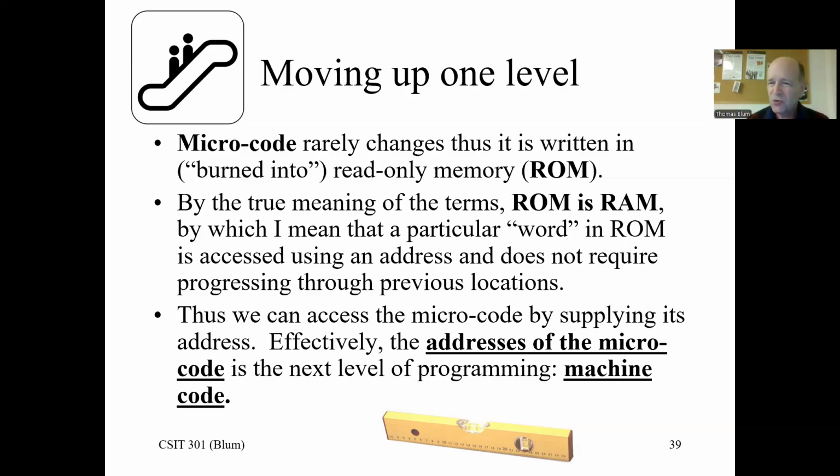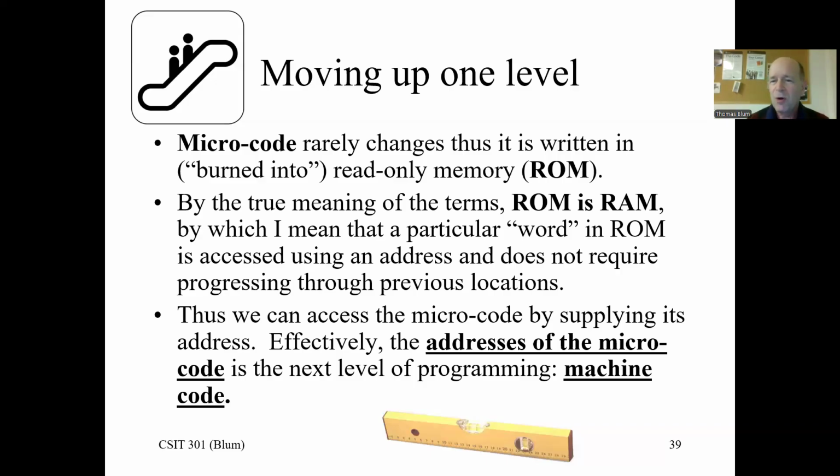Well, ROM is also addressable. So again, I have my weird little phrase that ROM is RAM, but RAM is not ROM. I mean that the acronym ROM means read-only memory, so you only have the one action of reading it. But the RAM acronym stands for random access memory. That means it's addressable. And ROM is addressable, so ROM is RAM.